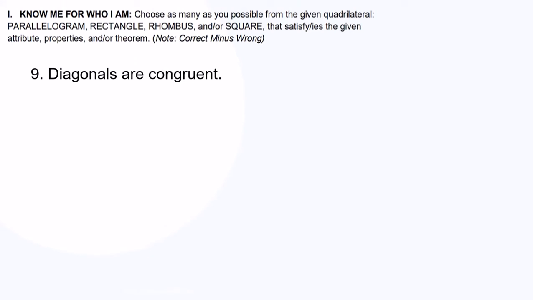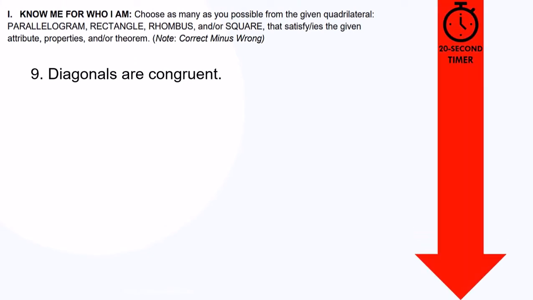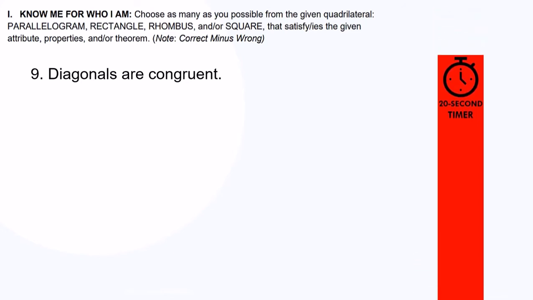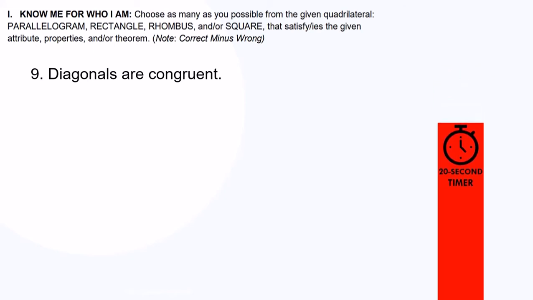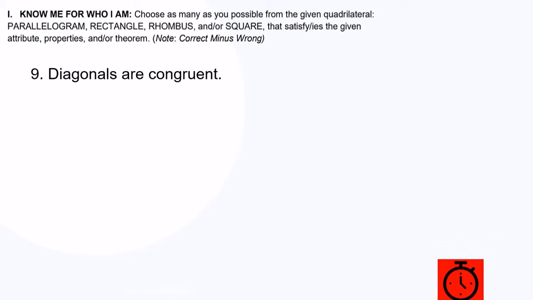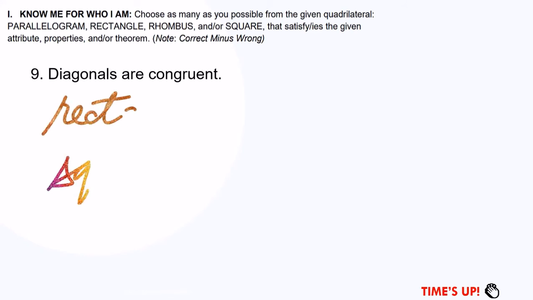Number 9. Diagonals are congruent. Your timer starts now. Correct answer, rectangle and square.